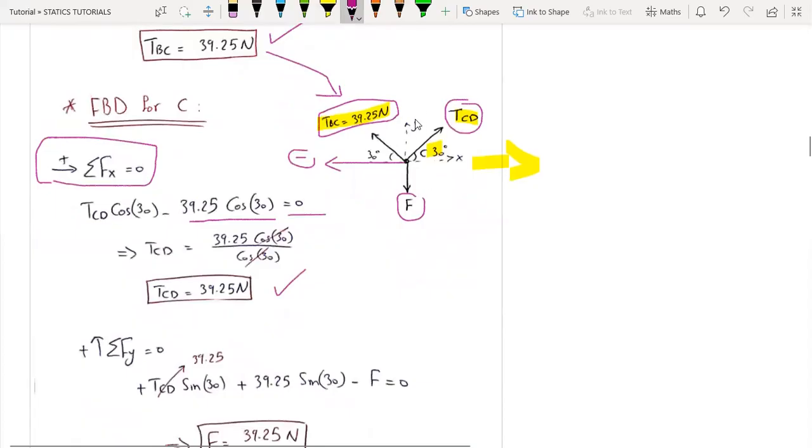Now, taking the summation of forces in the y direction, what we'll get? We have minus F plus TCD sine 30, and from TBC we have 39.25 sine 30.